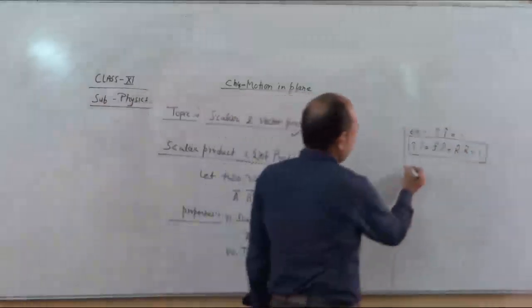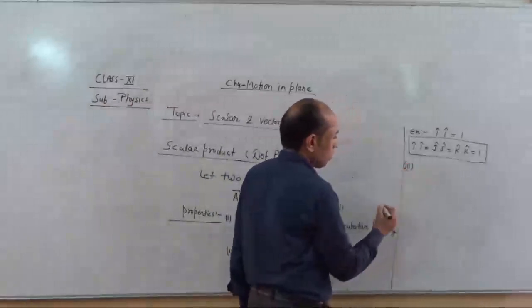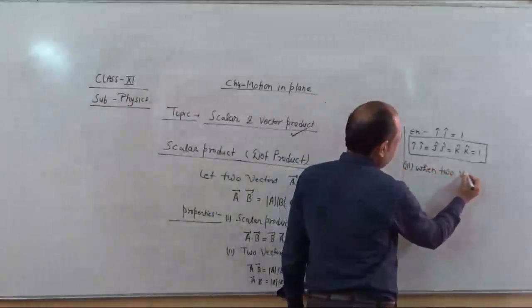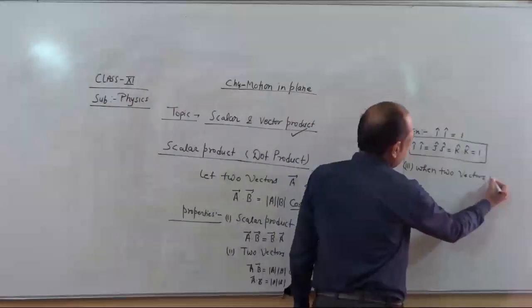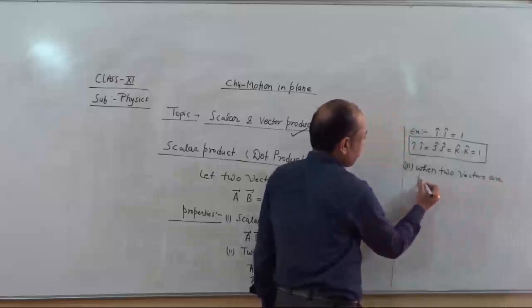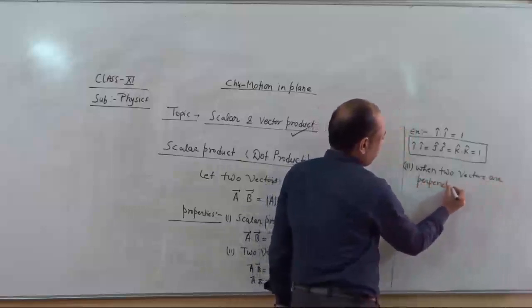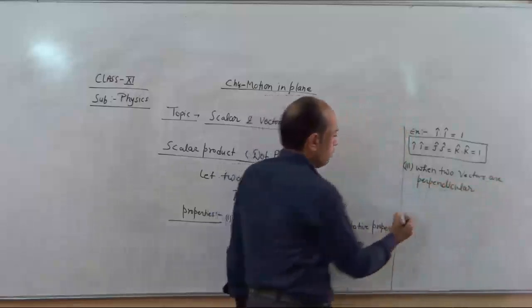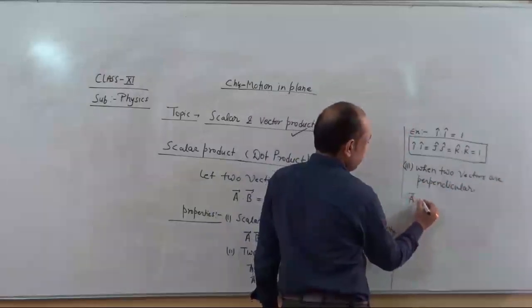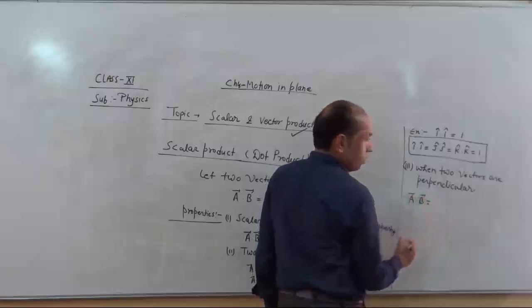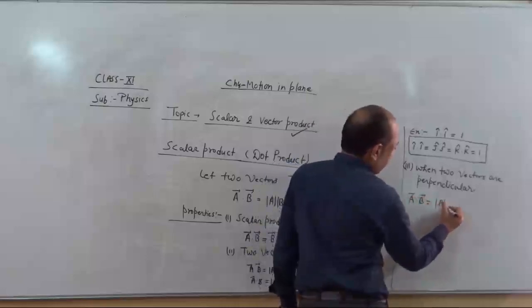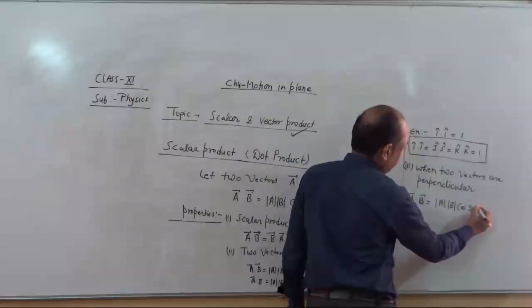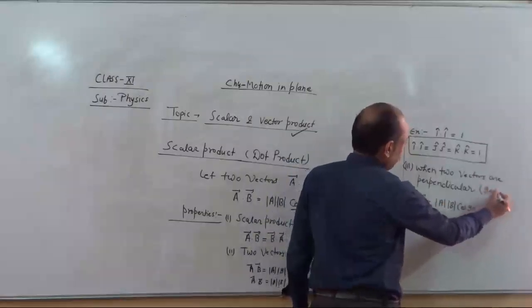Similarly, we come to the third property. When two vectors are perpendicular, that means A dot B equals AB cos of 90 degree, because perpendicular means right angle.